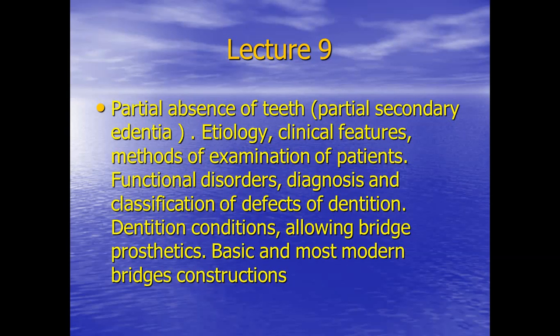This semester we talk about how this is treated with fixed dentures, fixed constructions, similar to the constructions that we talked about already, like inlays, crowns, post constructions, and the removable constructions used for treatment of partial absence of teeth is the question of the next semester.